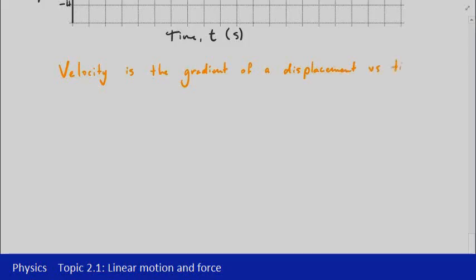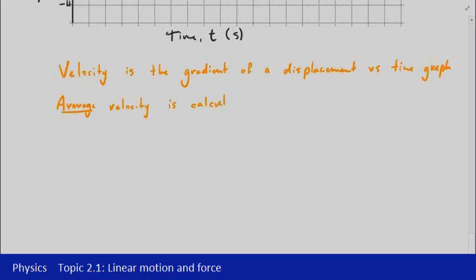And as I said, whether the gradient is positive or negative now becomes very important. That tells you something about the direction that's involved. As before, the average velocity is going to be calculated using just the final position. So it's not the distance anymore, it's not how far it's actually covered, it's just the position at the final location.